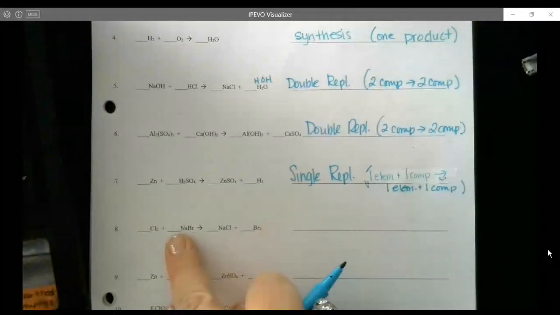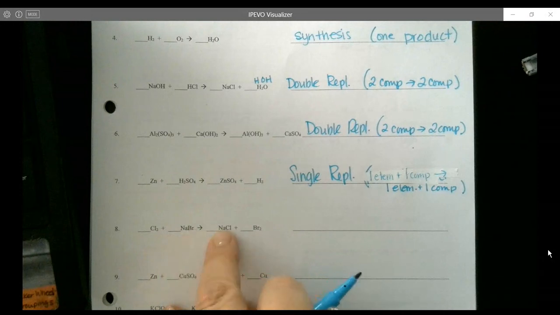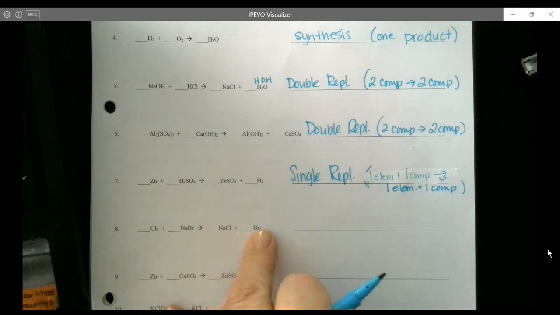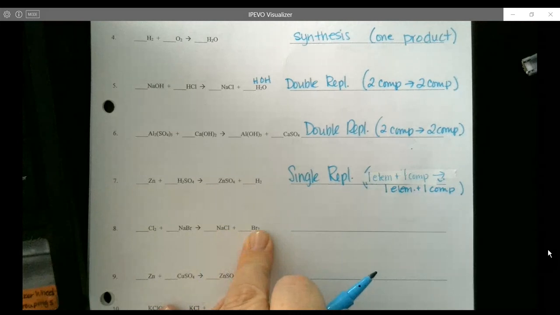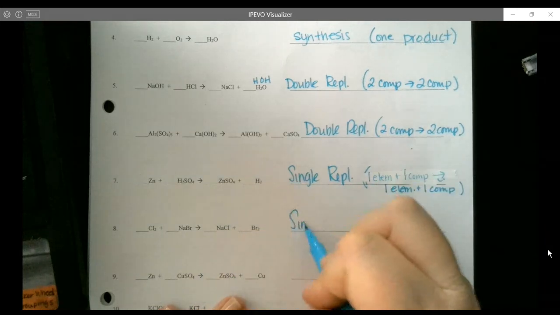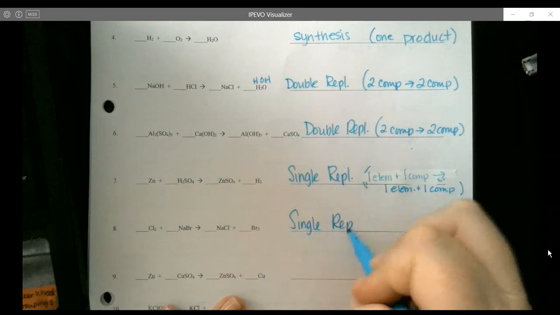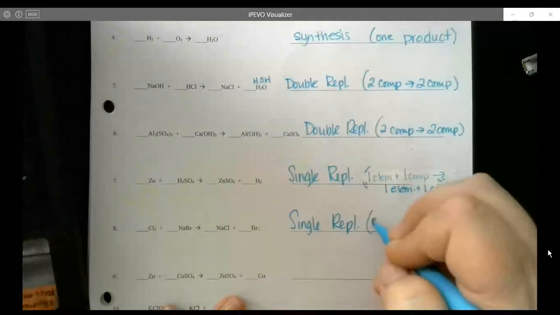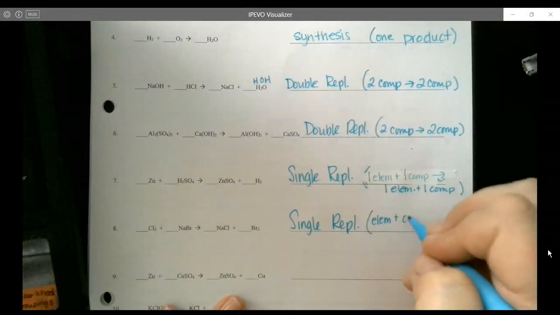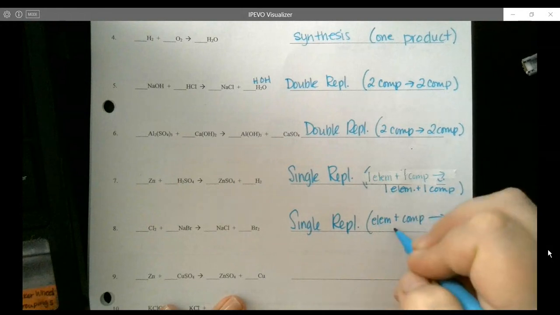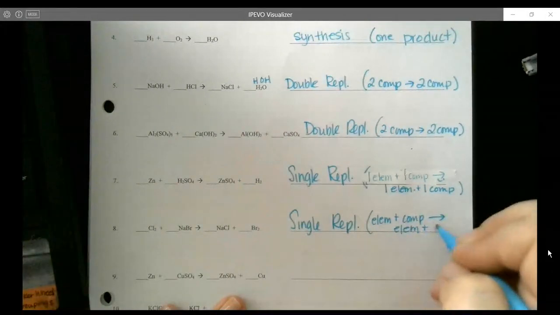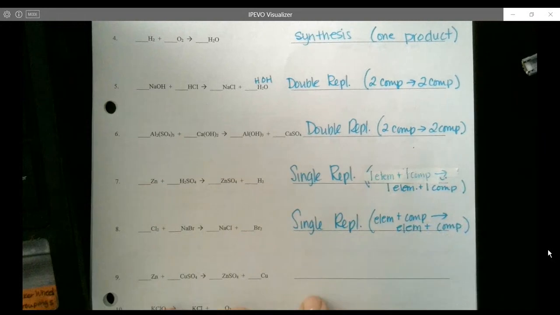I look at number 8. I see chlorine, and then I see sodium bromide, then I see sodium chloride, and then bromine all by itself. So that's another single replacement. So again, element, compound, making element and compound.